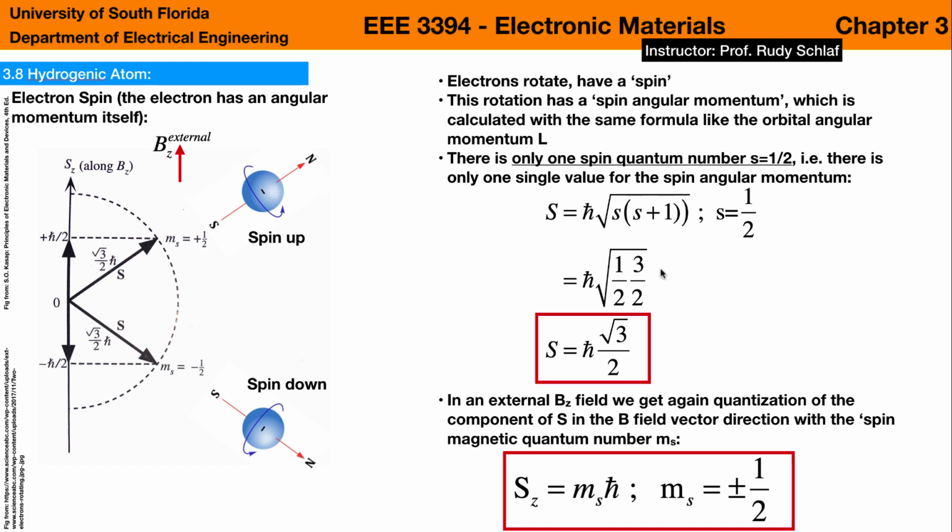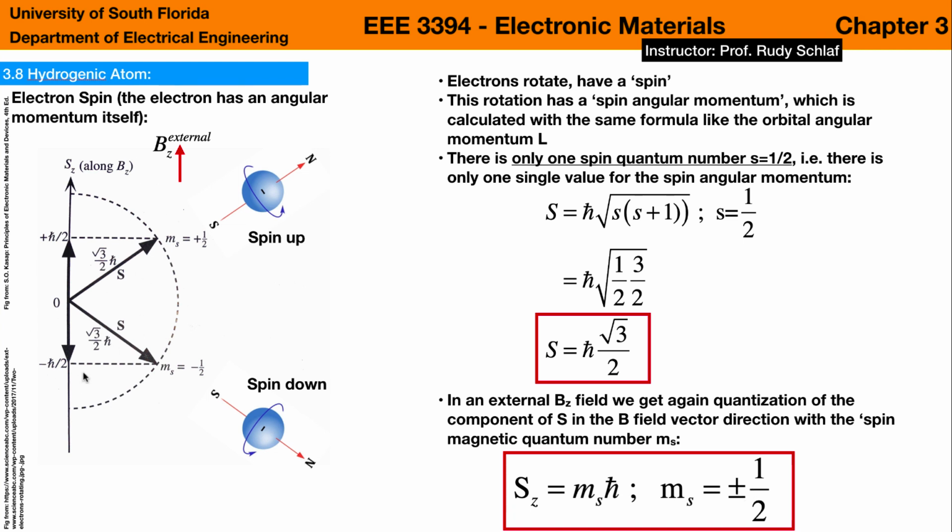Like the orbital angular momentum in a magnetic field, the spin angular momentum also gets quantized in the B direction. The component of the spin angular momentum in the direction of the magnetic field is calculated by multiplying the spin magnetic quantum number with h bar. The spin magnetic quantum number has only 2 values, plus and minus 1/2.